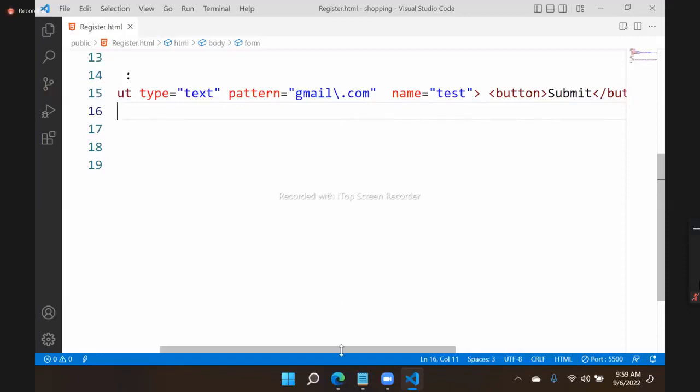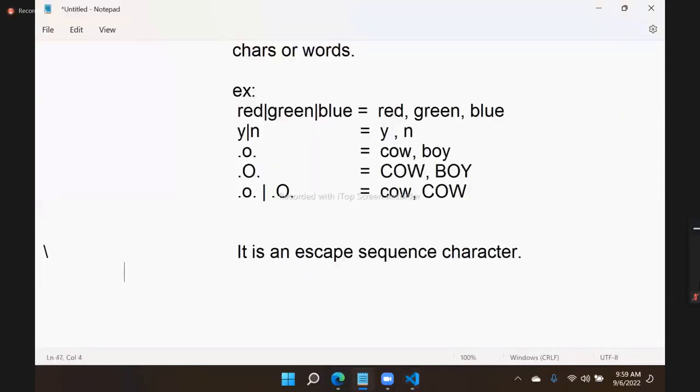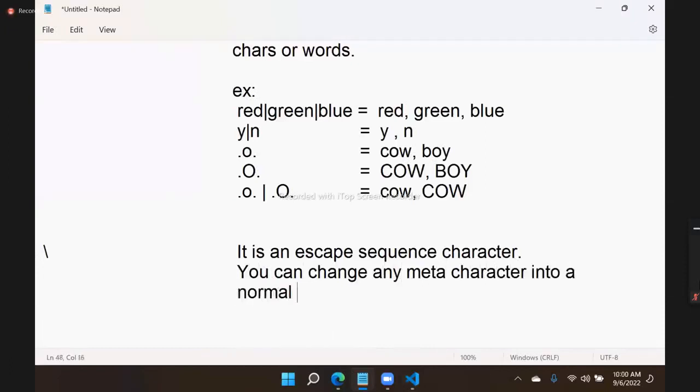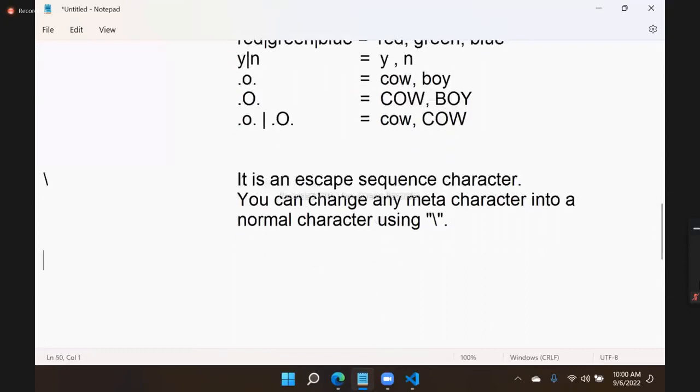What is the meaning here? You can change any meta character into a normal character using a slash. That is what you can do. Any such symbols are important here.